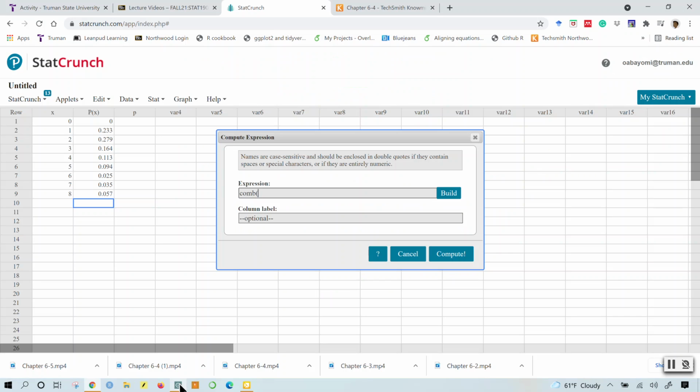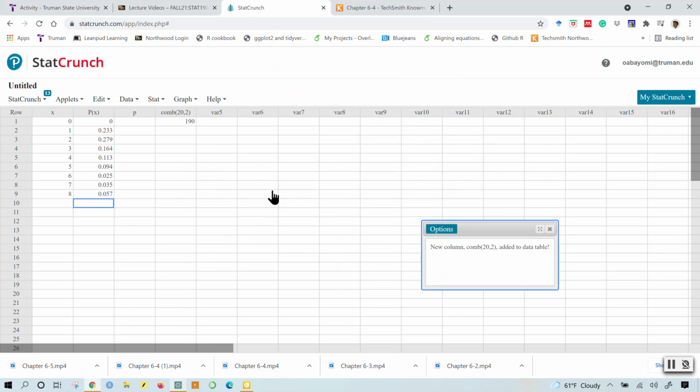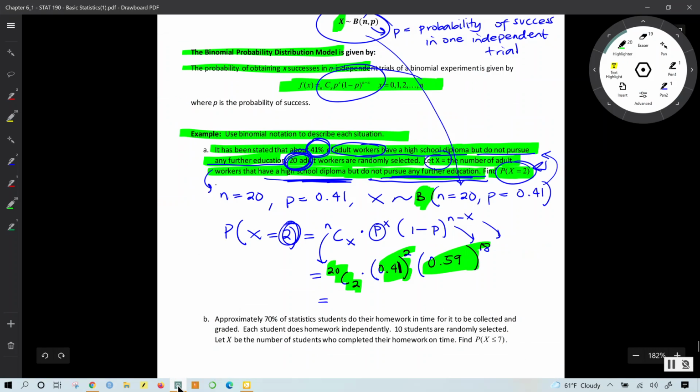So we have 20, comma 2. Close the parentheses and hit the compute button, and you have 190. So this computation here is equal to 190 multiplied by 0.41 squared multiplied by 0.59 raised to power 18.